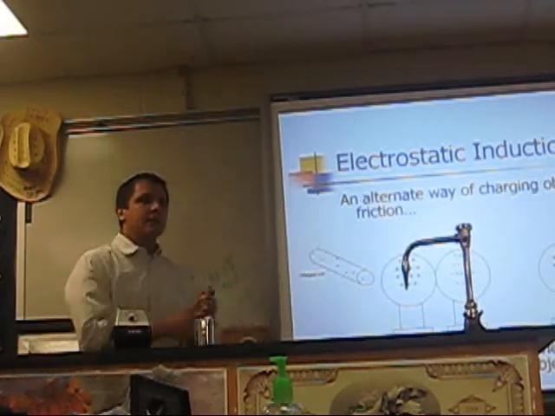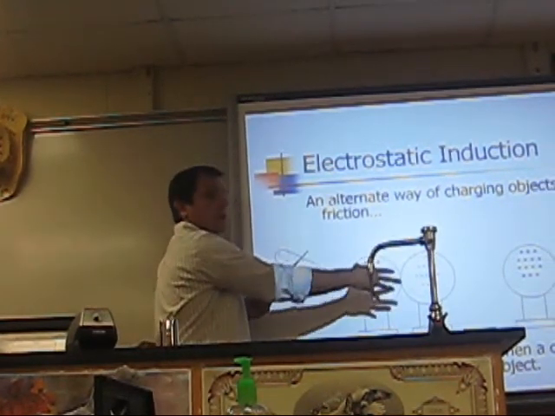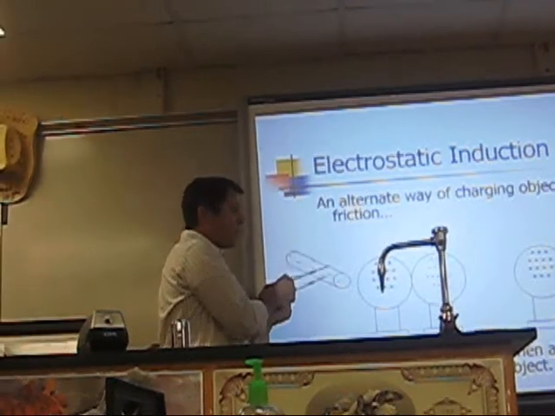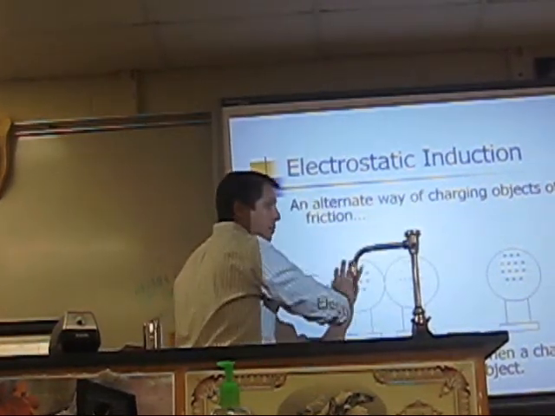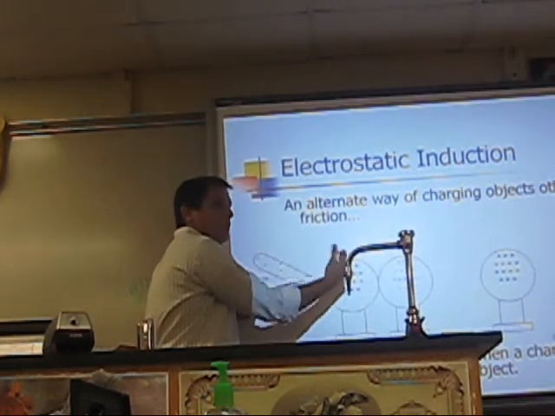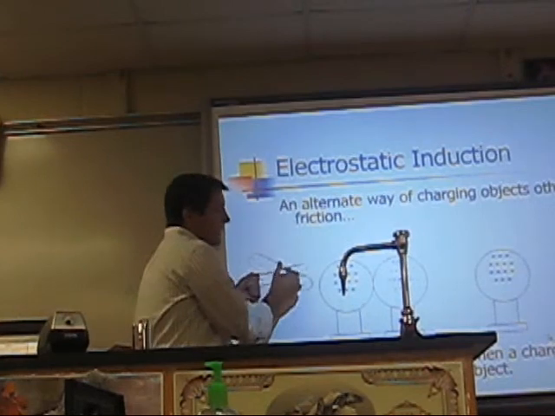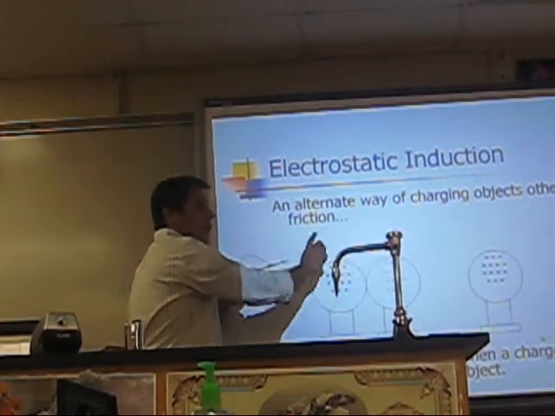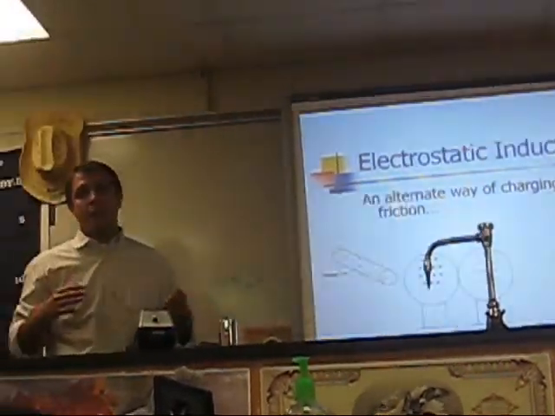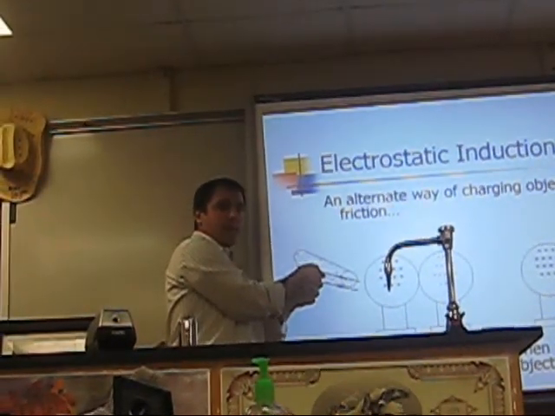So if I have basically one big piece of metal right now, because they're touching, all of the electrons are going to be pushed as far over to one side as they can go, and all of the protons are going to be on the other side. It's already going to be polarized, even though I'm not touching it.